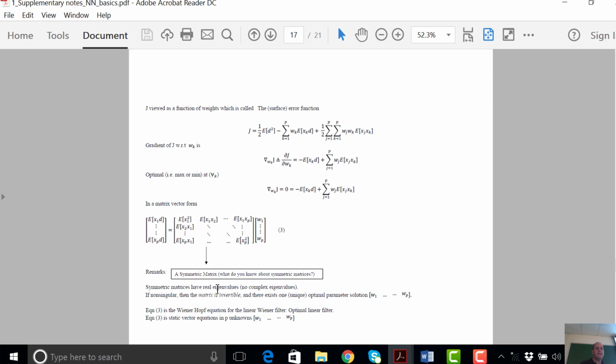And if this matrix is so-called positive definite, then the optimal solution we're dealing with here is going to be a local minimum. If this matrix is negative definite, the weights correspond to an optimal point which is a maximum. So we're interested in this matrix giving us eigenvalues that are positive definite.